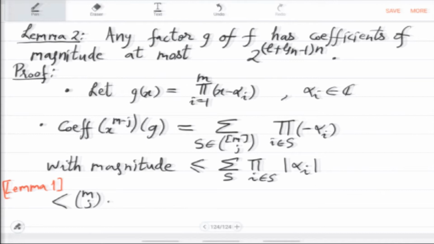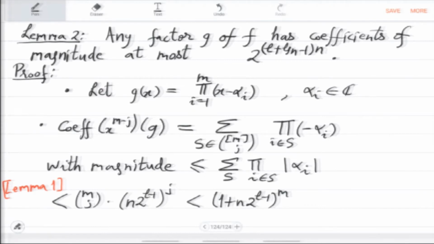So, lemma 1 says that, for the product of alpha_i, you invoke lemma 1 and you will get (n times 2 raised to L minus 1) raised to j, right. So, this is true for every j, and overall each of these things will be smaller than this. j goes from 0 to m. So, that is the upper bound.